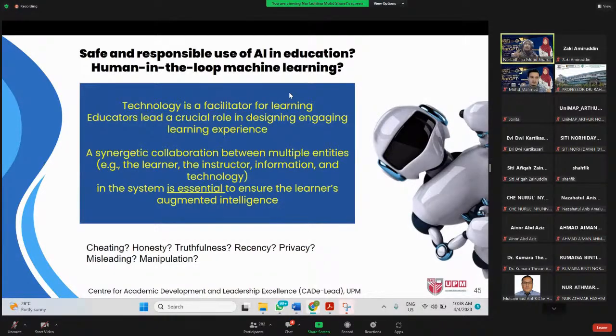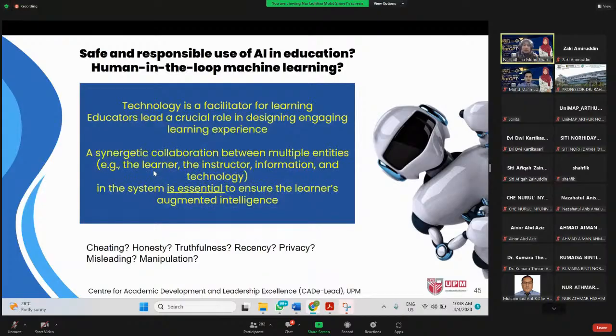This is actually more to remind us, it's actually the technology that can be empowered to become a facilitator for learning. But the educators leading this teaching and learning process need to play a crucial role to redesign the engaging learning experience and to have a synergetic collaboration between multiple entities.